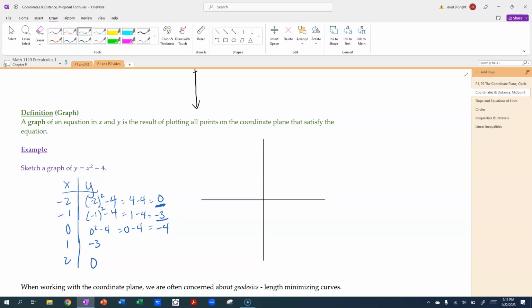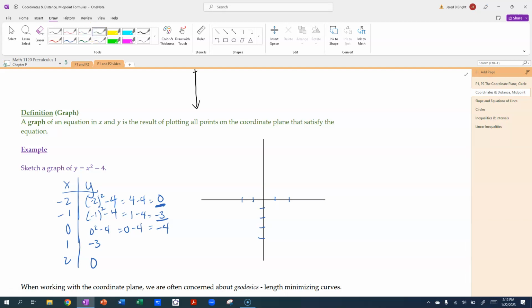Okay, so now what I'm going to do is I'm going to plot each of these points. Okay, so in all, I need to go, let's see, 2 units in the x, 2 each way, 4 units down in the y. Okay, and I'm going to plot these points in green.